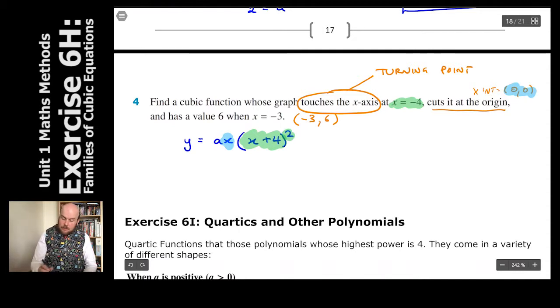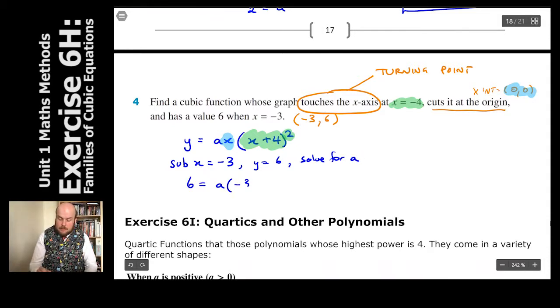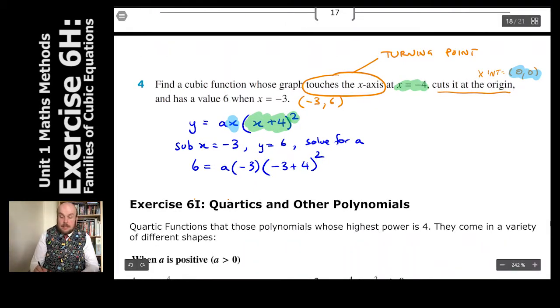We just need to solve for a, so we're going to sub x equals -3, y equals 6, and solve for a. 6 is equal to a times -3, brackets -3 plus 4 squared. So -3 plus 4 is going to make that 1 squared, which is going to be 1.